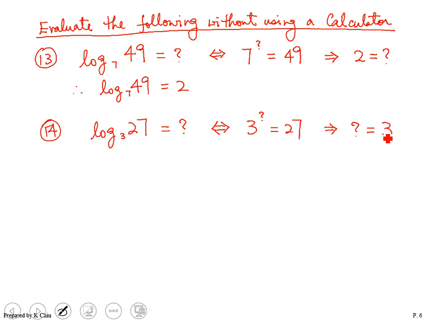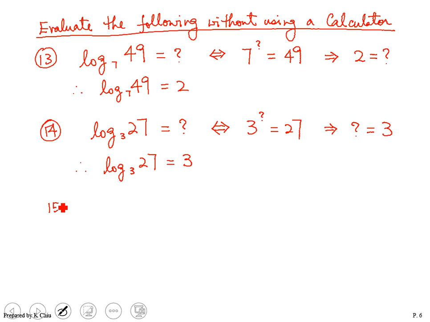Because 3 cubed is 27. It's not 9, right? 3 to the 9 is not 27. Don't think of the base and the exponent multiplied together. Let's answer the question. We have log 27 with the base 3, which equals 3.